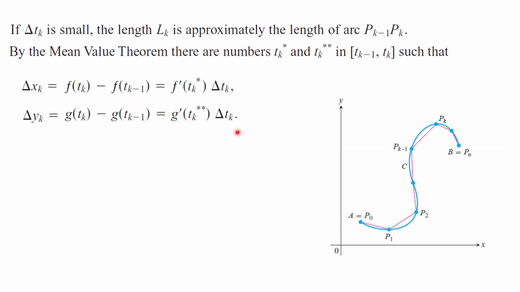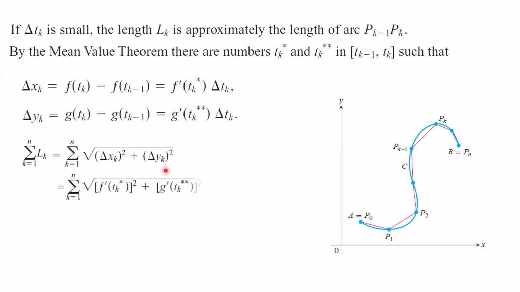How is it possible? Remember that L sub k is the square root of delta x_k squared plus delta y_k squared. Now, if you take the summation of both sides, you just replace delta x_k to the second power by the values that you have.